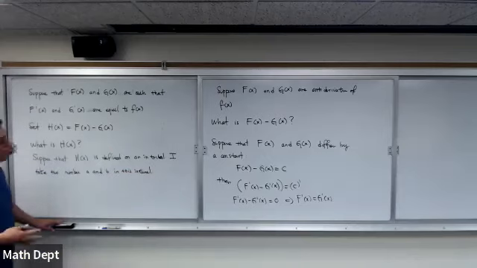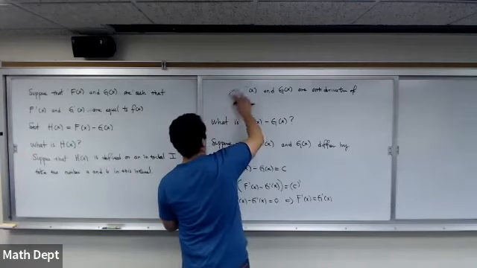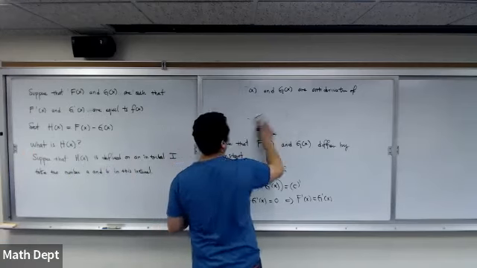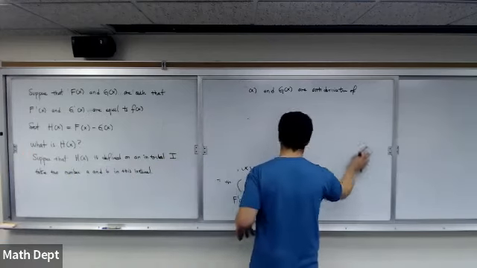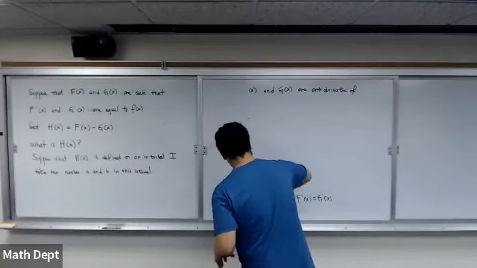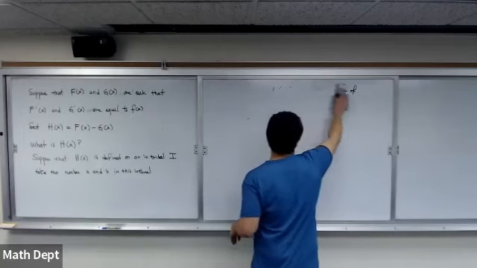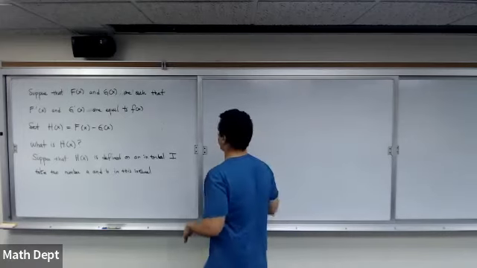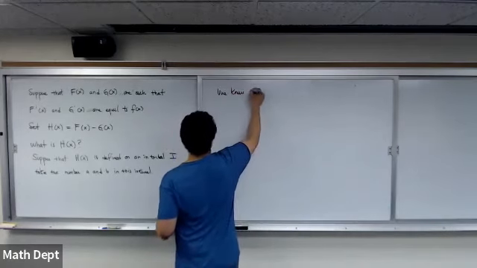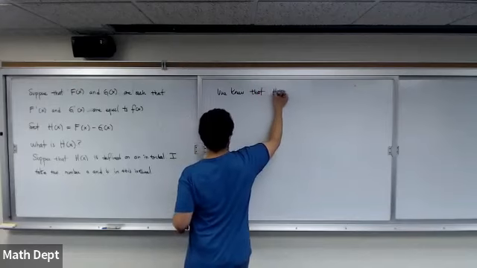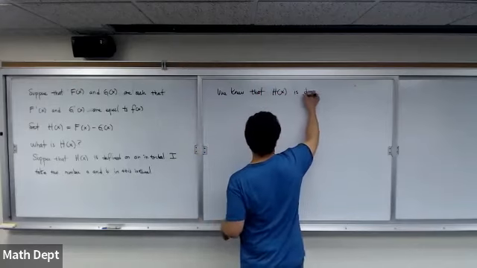Okay, now what do we know? Of course, I'm taking some freedoms here in terms of making this as illustrative as possible. But what can we say about h itself? Well, we know that h of x is differentiable.